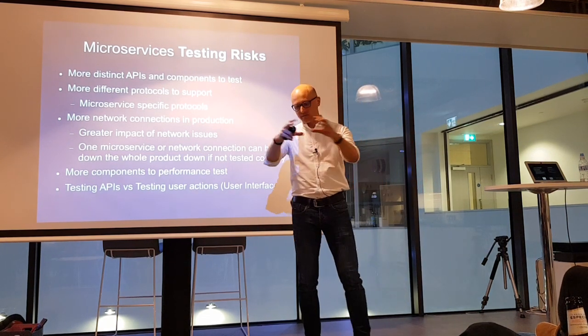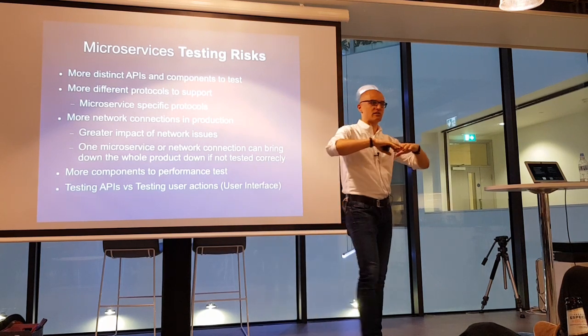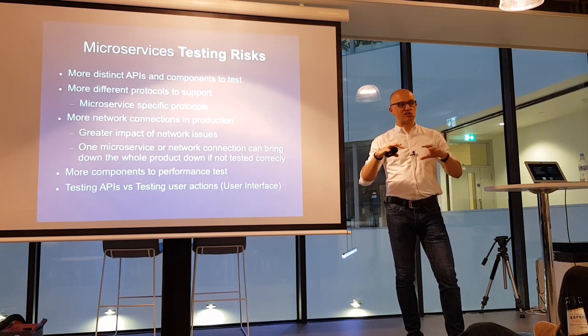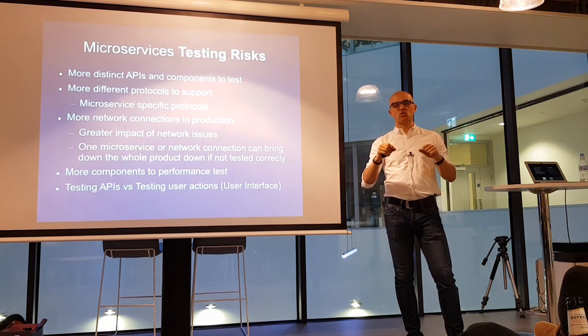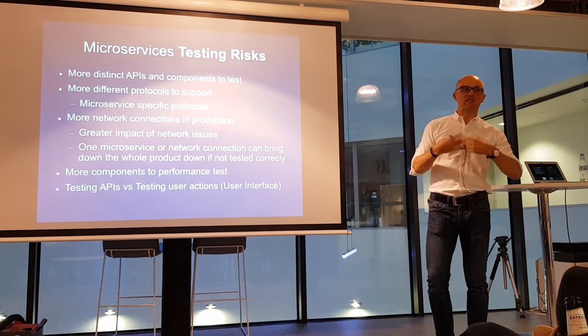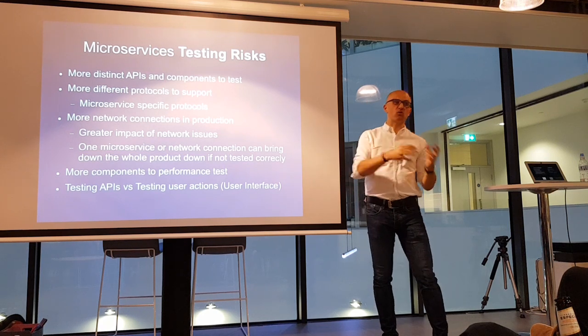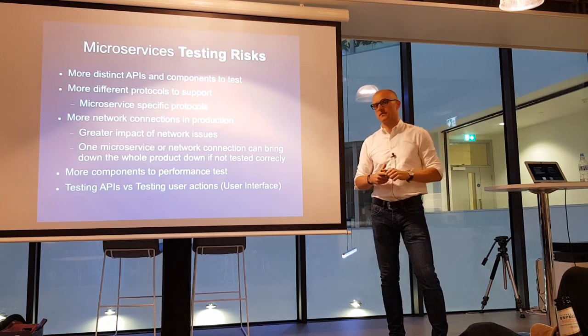And if you imagine a bunch of microservices that talk to each other over a network, a big part of that infrastructure is actually the network. If something goes wrong on the network, you have a problem. There are a lot of those connections, so there's a higher chance, compared to a single monolith application, of the network impacting your product.